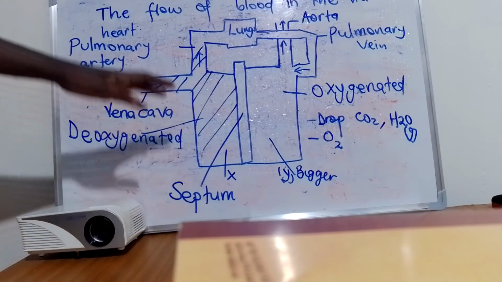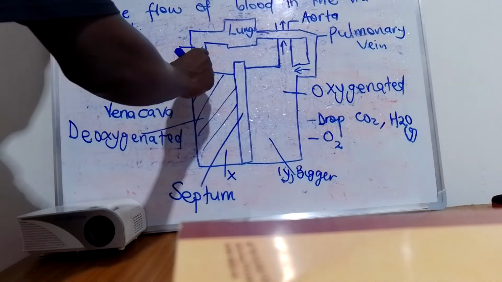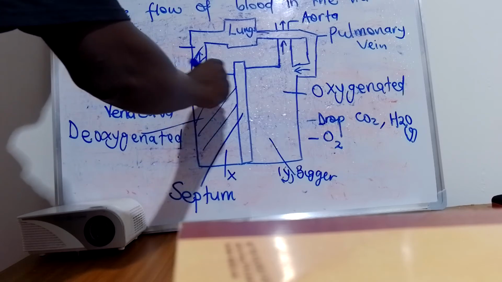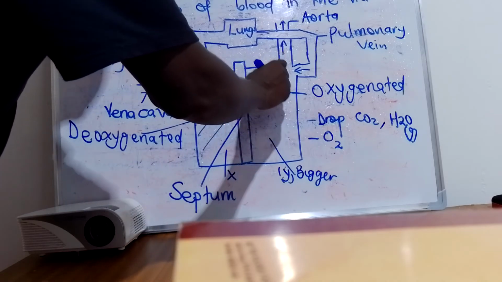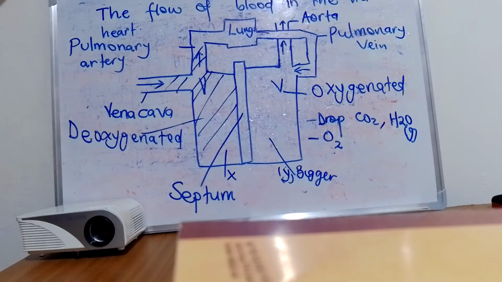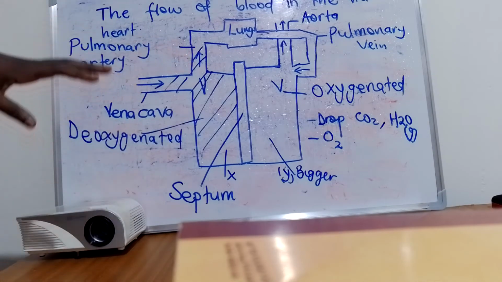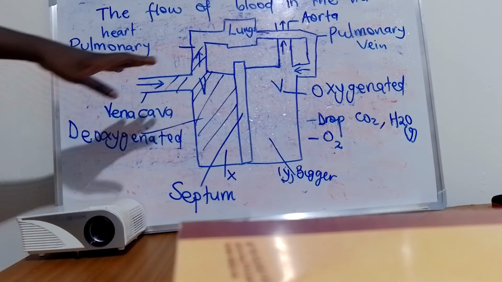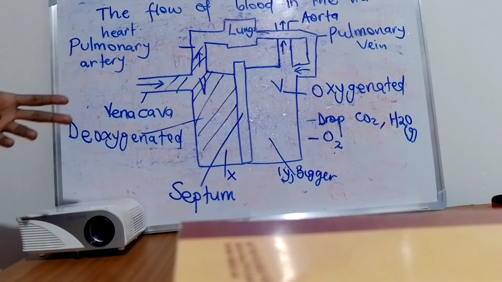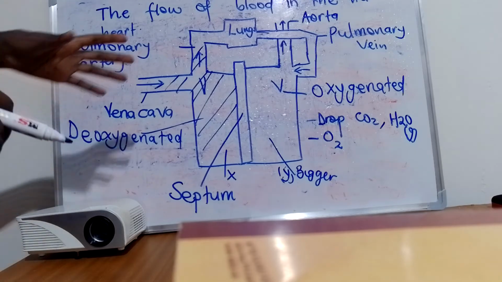Here we have valves. We have a valve here, we have a valve here. Like I said, this is a small and simple explanation of the human heart. When you draw it following biology, it's different.